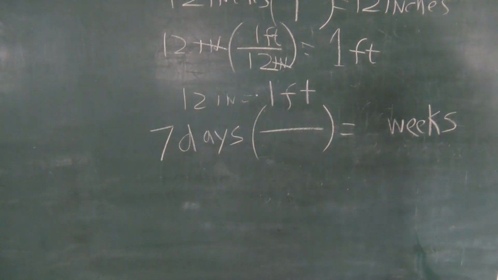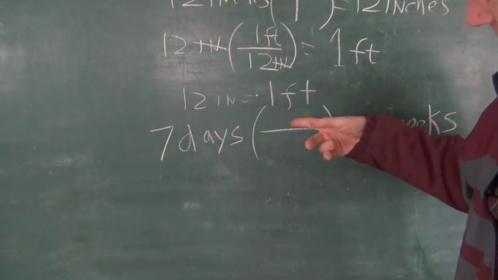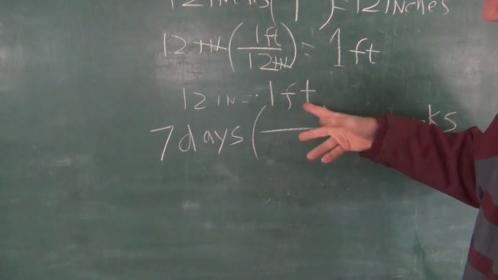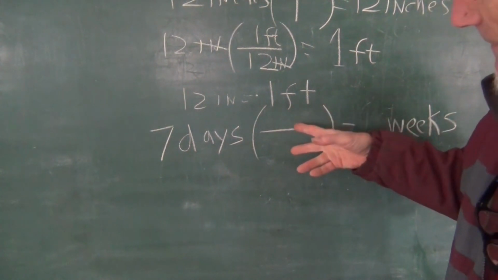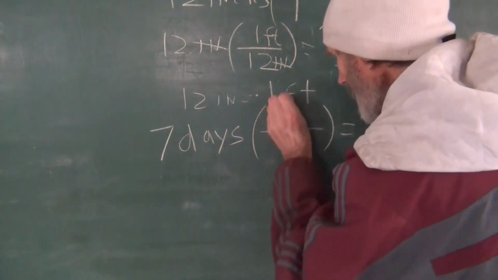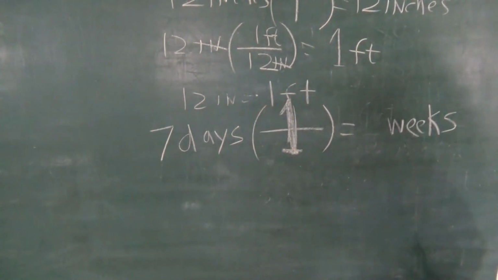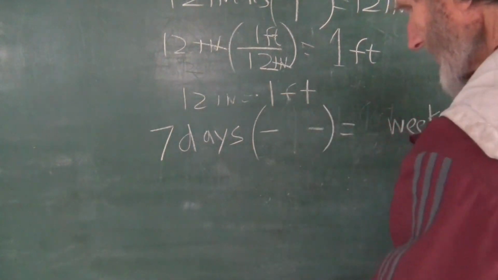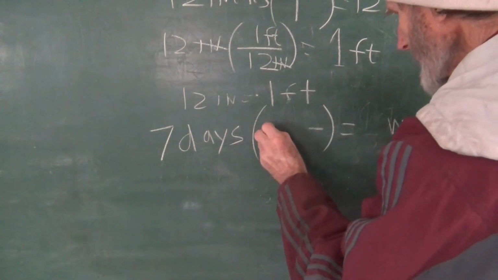Remember, every magic fraction has to have a number and a unit up top and a number and a unit downstairs. And the units have to be chosen and the numbers have to be chosen so it's actually a big, fat number 1 in disguise. So you fill in here. What would you have to put there that would turn days into weeks?